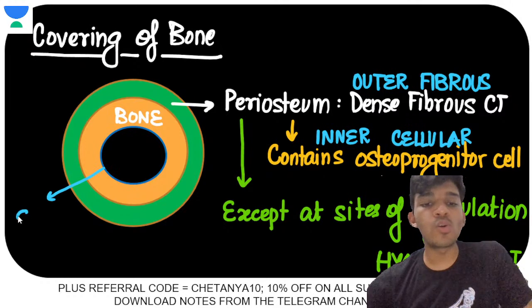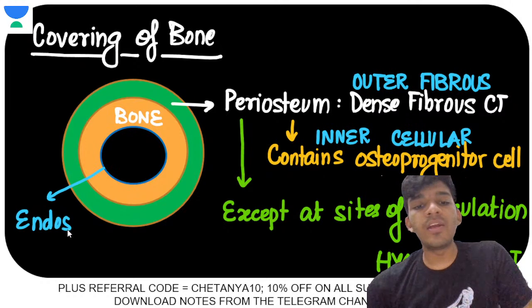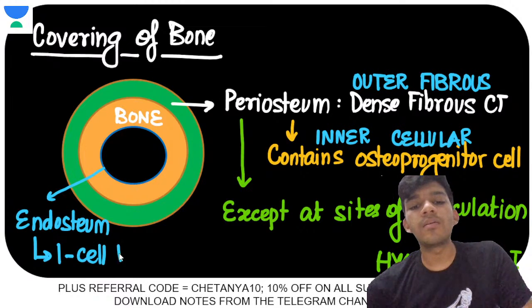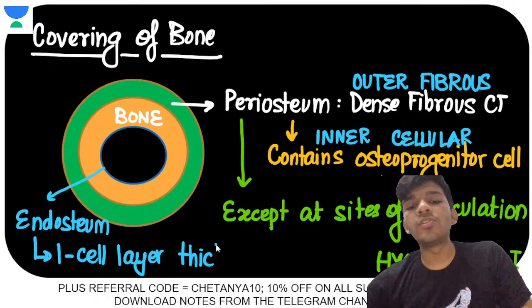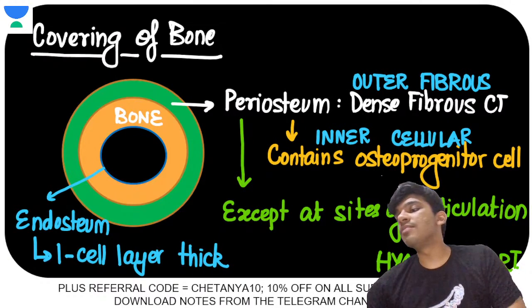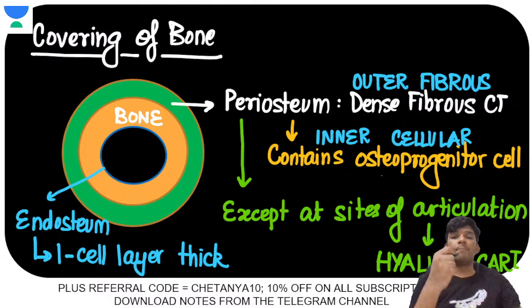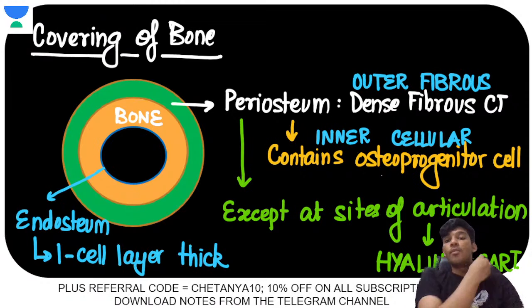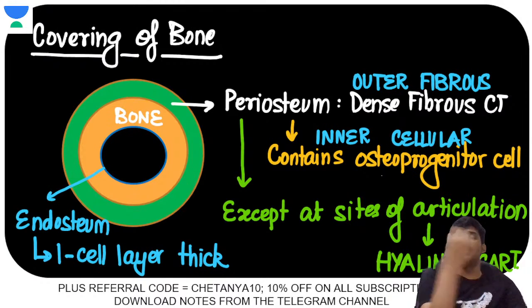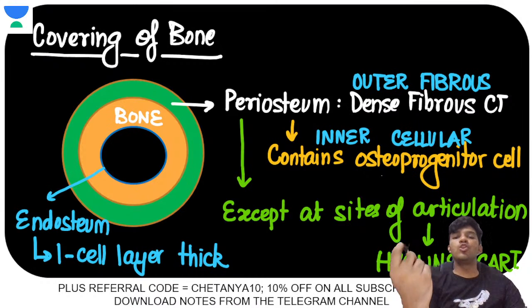So the outer covering is called the periosteum, and the inner covering is called the endosteum, and it is usually one cell layer thick, and that is usually osteoprogenitor cells. That is the reason why growth in bone is bidirectional. So the lining tissue of compact bone and trabeculae of the spongy bone forms the endosteum. It is a single layer consisting of osteoprogenitor cells.